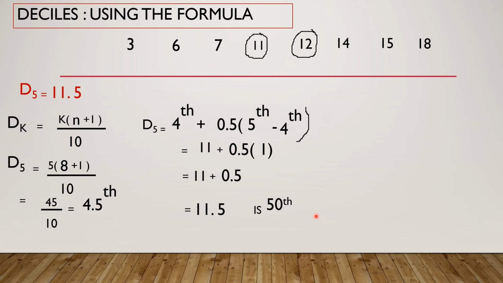Or you can say it's the 50th percentile. But I'm going to use decile, and we are going to discuss the percentile next. So you can see that they are just equal. I showed already a while ago that the fifth decile, the second quartile, and the 50th percentile are just equal, right?